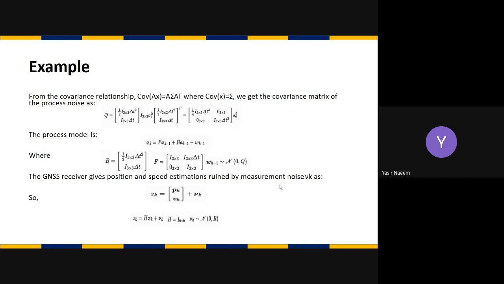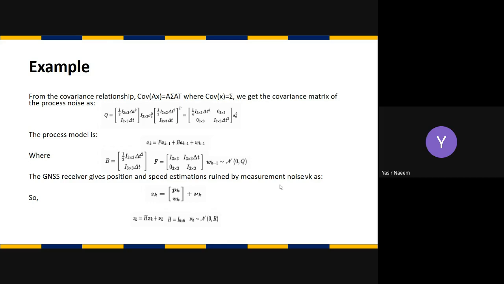Now I will tell you about the covariance relationship, which is this. We use this covariance matrix because of the noise. So you can see that Q is equal to the noise matrix equations, and the process model becomes this, where xk is a function of x, and B and F are as shown.